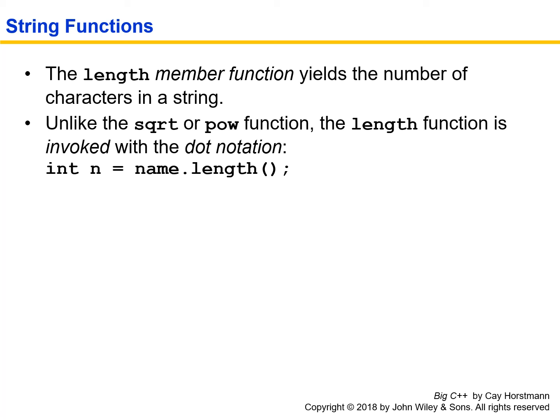Strings are objects, so they have member functions. These member functions are called with the dot notation. You give the name of your variable, dot, and then the function. So if we have name holding Harry, we can call name.length, and it will look up the length of the string.